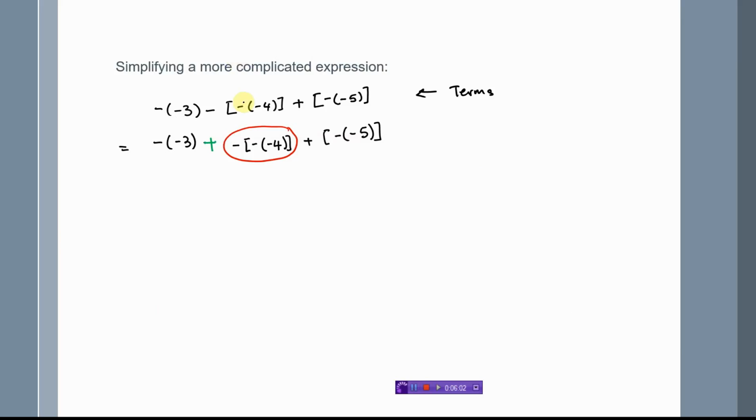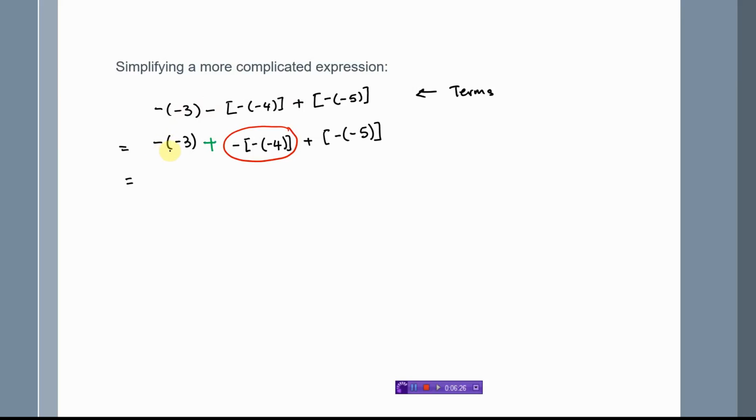And so what I have to do is recognize what are the numbers that we're dealing with. So there's the opposite or negative of negative 3, or the opposite of 3, but of course it's easier to think about it by using the word negative. And so let's use what we've just learned to simplify.